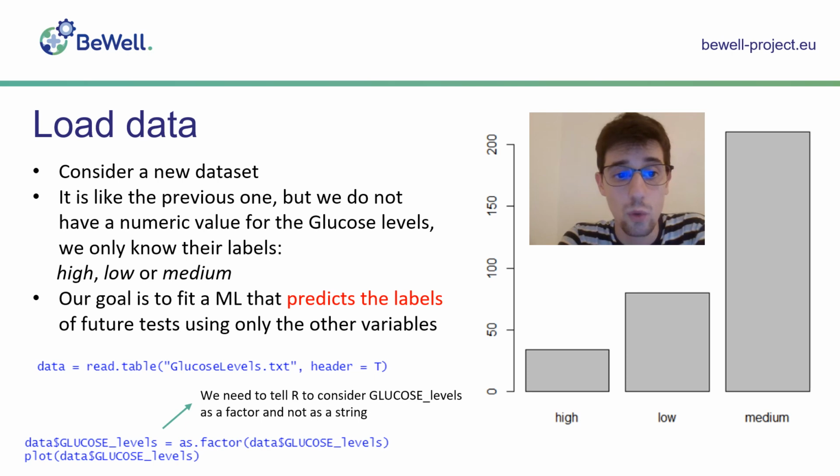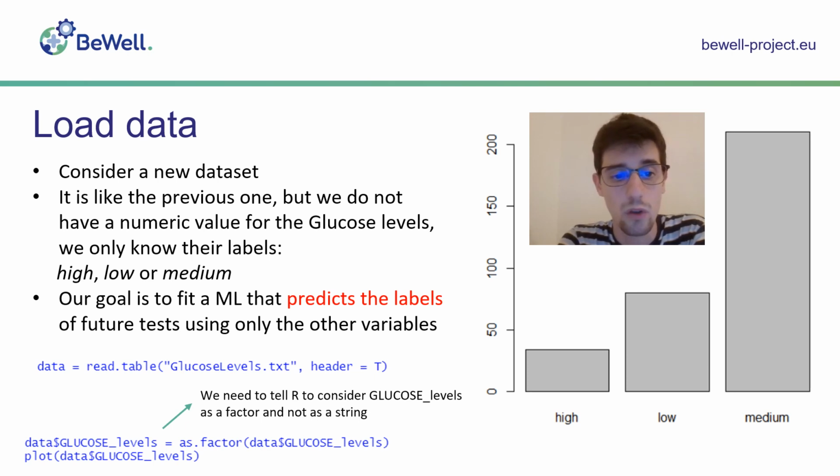We now move to a different setting and therefore a different problem. We need to load a modified version of the dataset we are using, named glucose_level.txt. In this version of the dataset, the glucose level is not a numerical variable, but we only have access to some labels stating if the glucose level is high, low, or average.